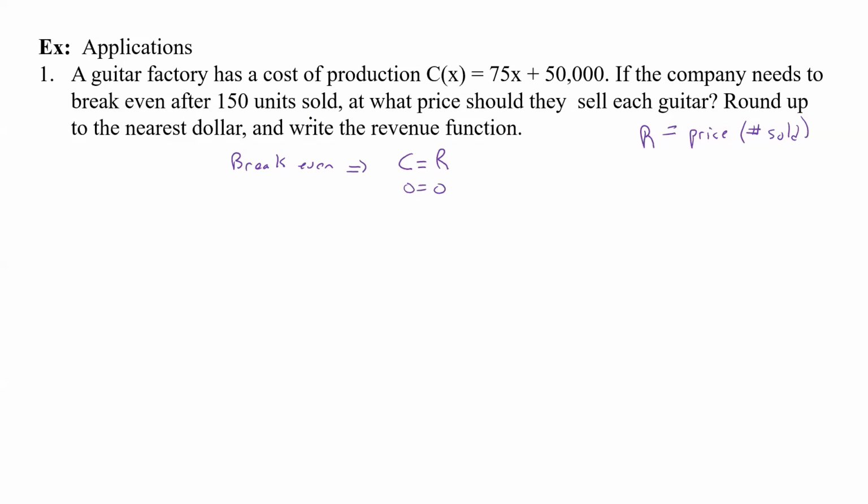Cost is equal to revenue, and so we're going to plug in 150 for X. So C of 150 equals 75 times 150 plus 50,000. Now, we have to multiply that out and get our value. I'm not going to do that one on paper. I'm just going to go over here to our calculator.